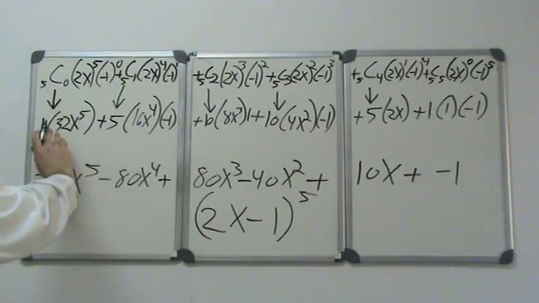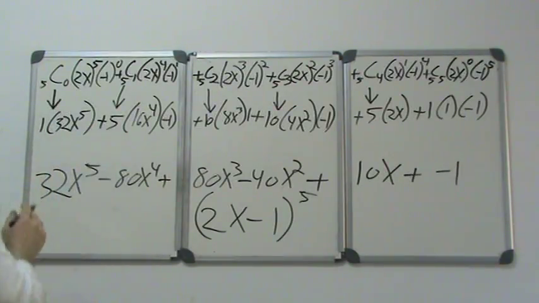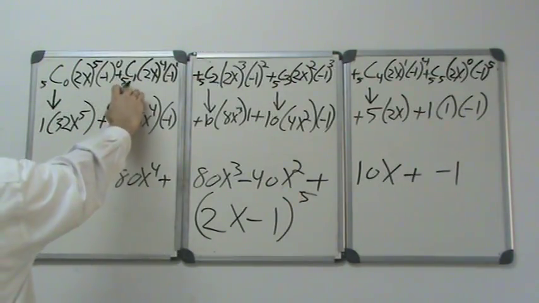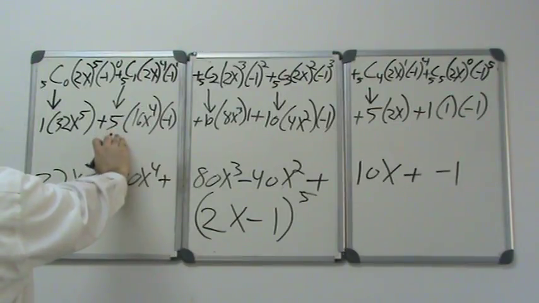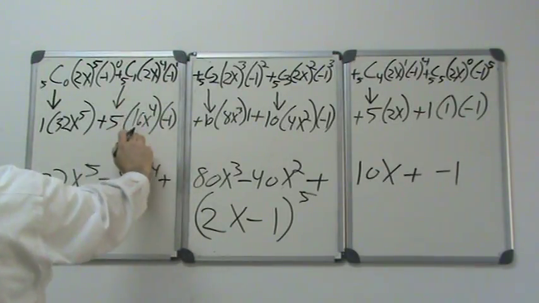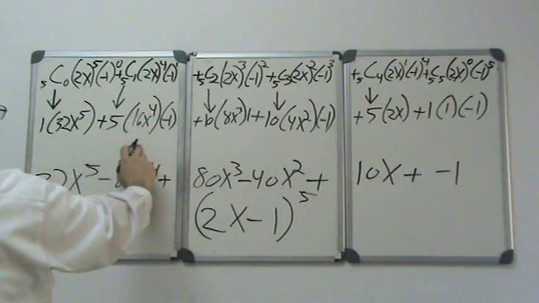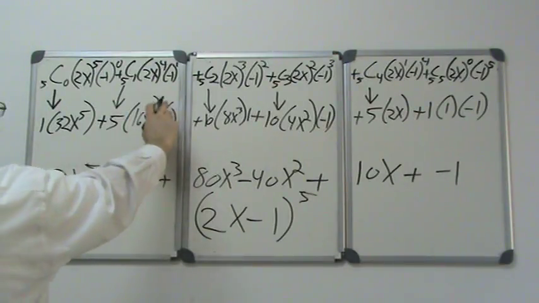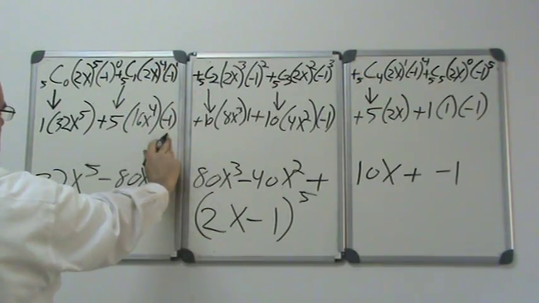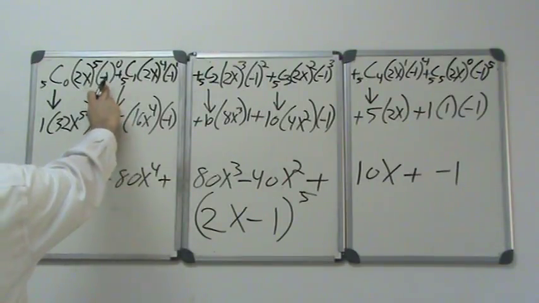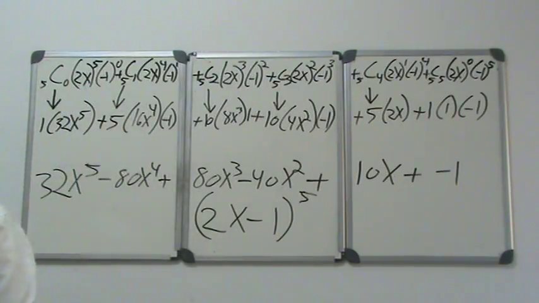So the first term is 1 times 32, x to the 5th power, plus 5 combination 1 is 5, and 2 to the 4th power is 16, x to the 4th power is x to the 4th power, and negative 1 to the 1st power is negative 1. Back here, I didn't say the negative 1 to the 0 power, because anything to the 0 power is a positive 1.